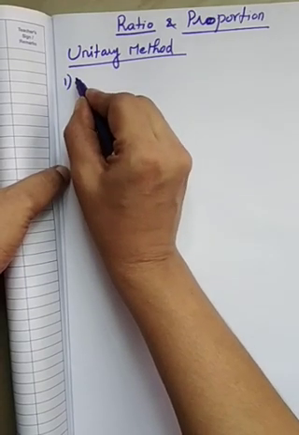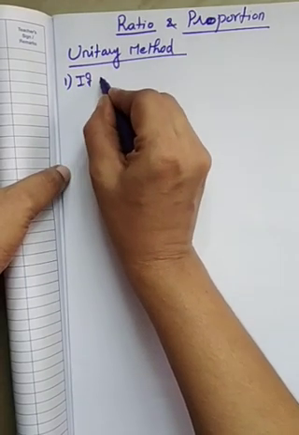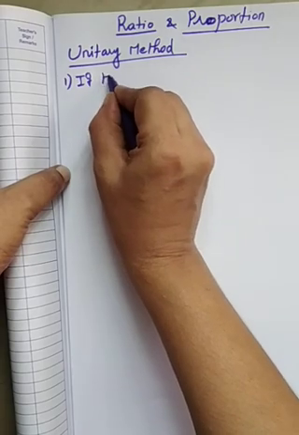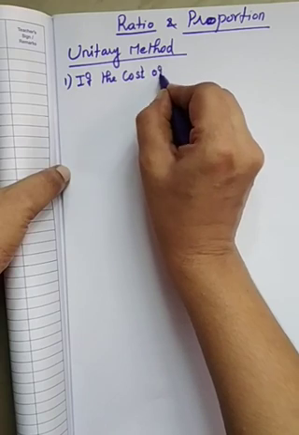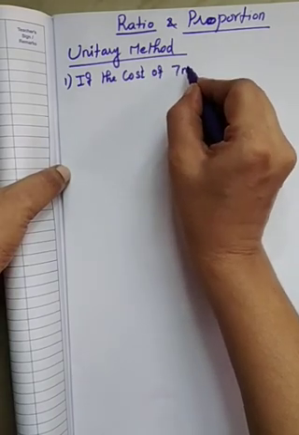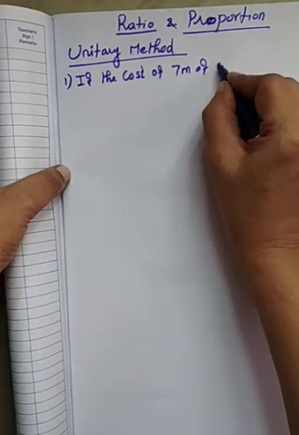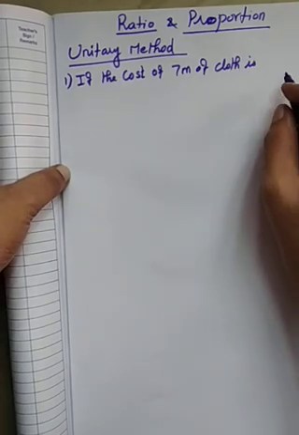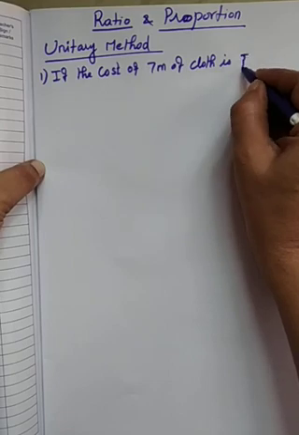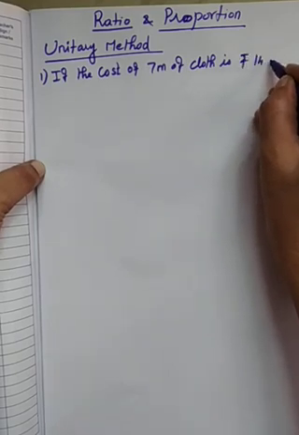If the cost of seven meter of cloth is rupees 1470.